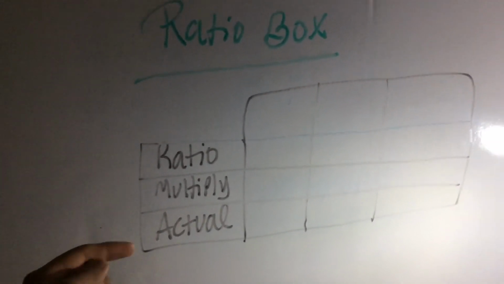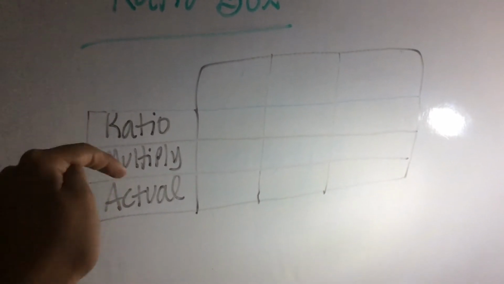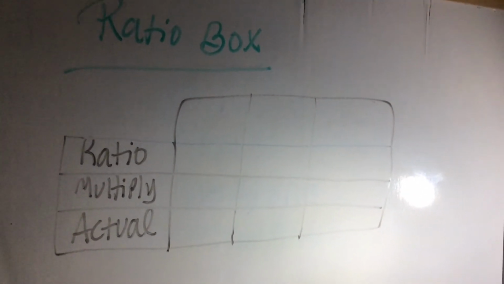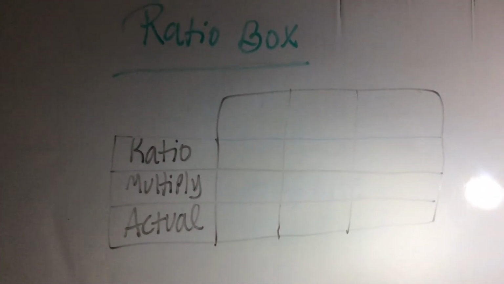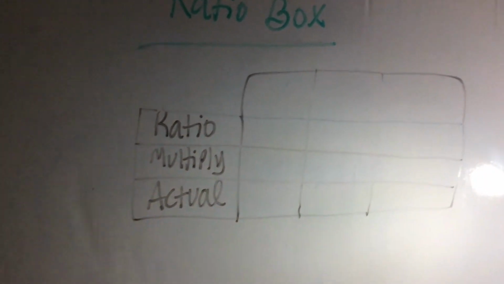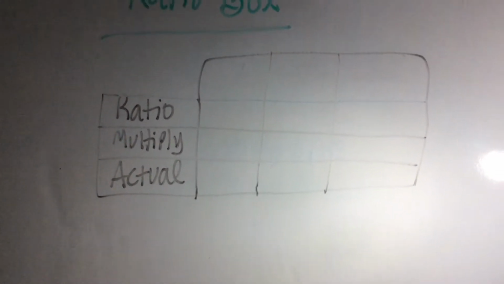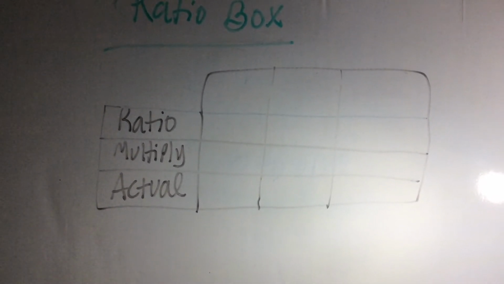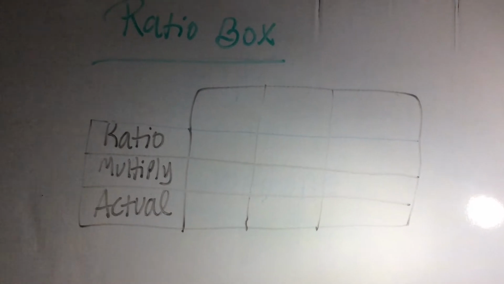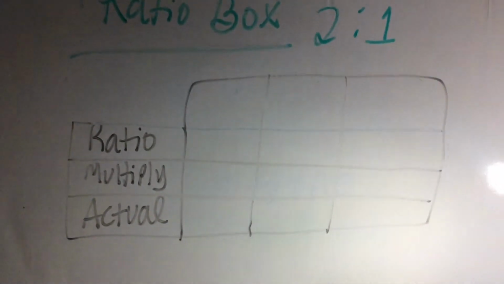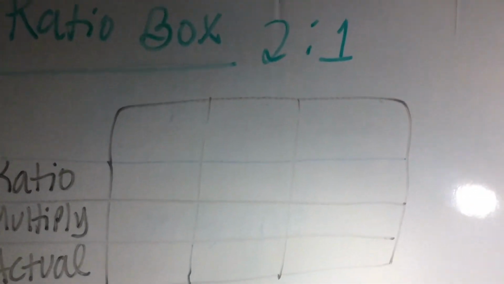So the first thing that you need to put is the ratio, multiply by an actual number. This is very easy. Let's make an example. Let me take the board marker. Let's say that the ratio of boys to girls is 2 to 1, and that the total is 24.